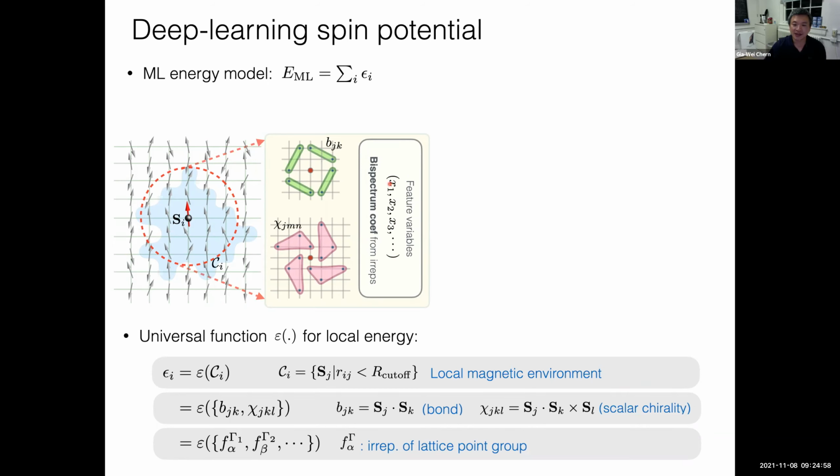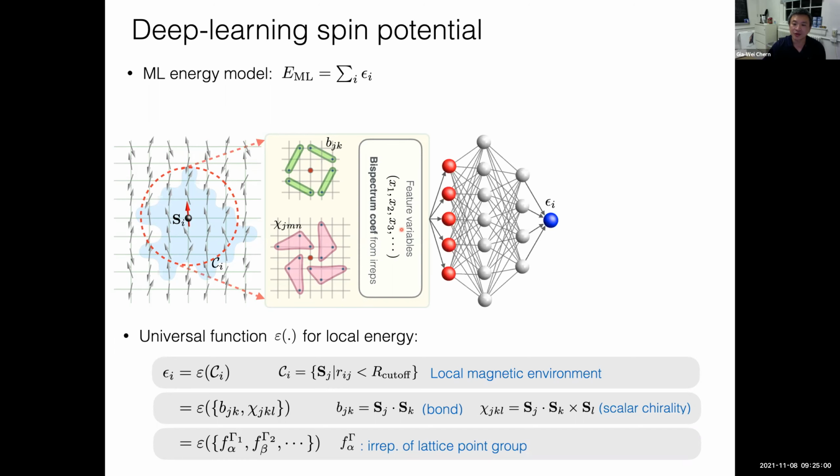Now, once we have these feature variables, we fit them into a fully connected neural network. And then the output of the neural network is this local energy, epsilon i. Then we apply exactly the same descriptor and neural network to every other spin in the lattice. Then we obtain epsilon 1, epsilon 2, epsilon 3, and so on, and we sum all of them to obtain the total energy.